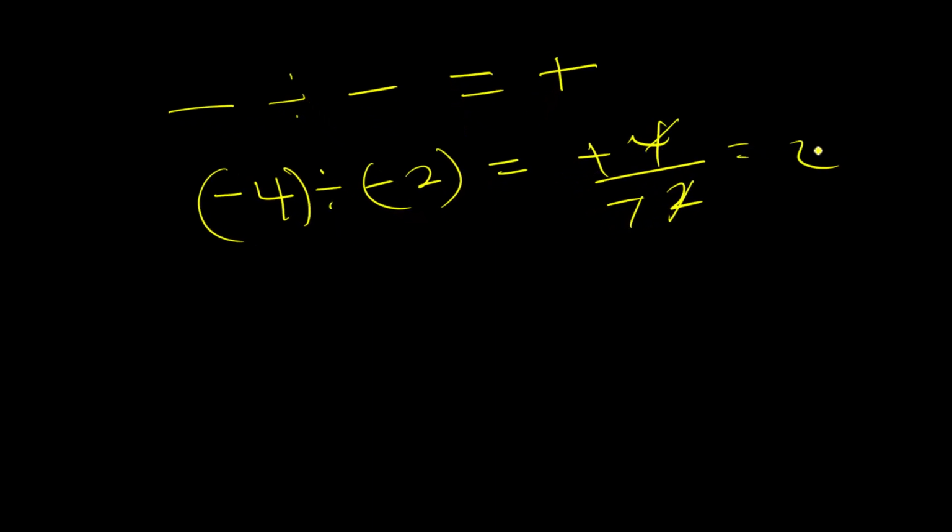So if you are given minus 4 divided by minus 2, this can be written as minus 4 over minus 2. So this one will cancel. 2 into 4 is 2. So this one is positive. Alright, so that's the meaning. In case we are dividing two integers that are both negative, minus minus, you end up getting plus. Alright, so it's not a big deal.